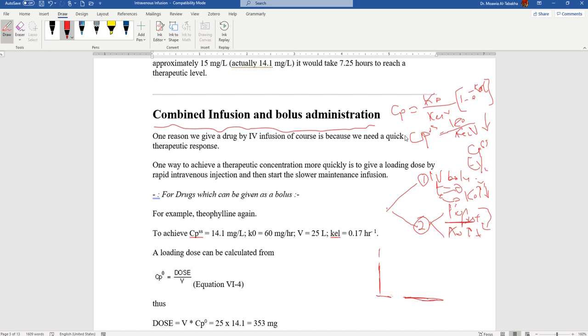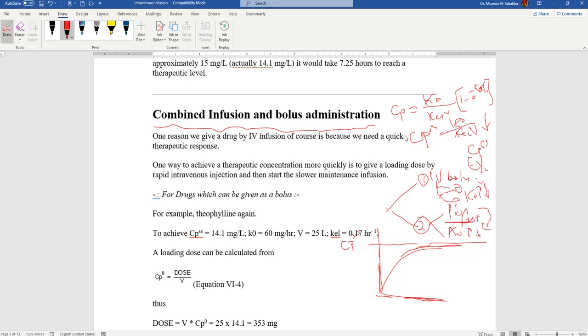We have this infusion rate that is supposed to give us the required CPss. This is our CPss.